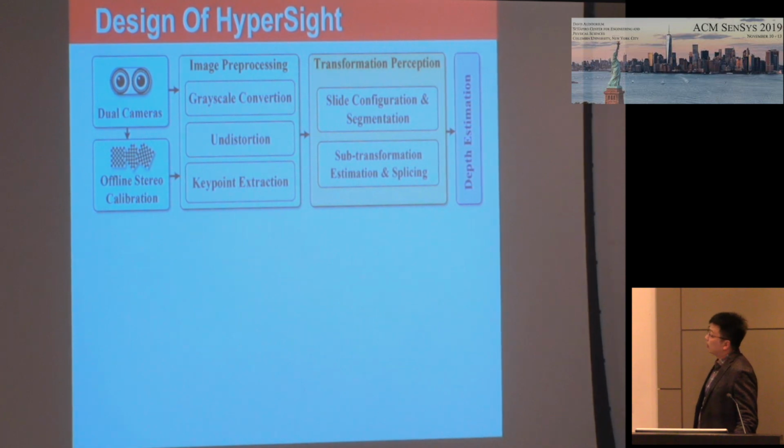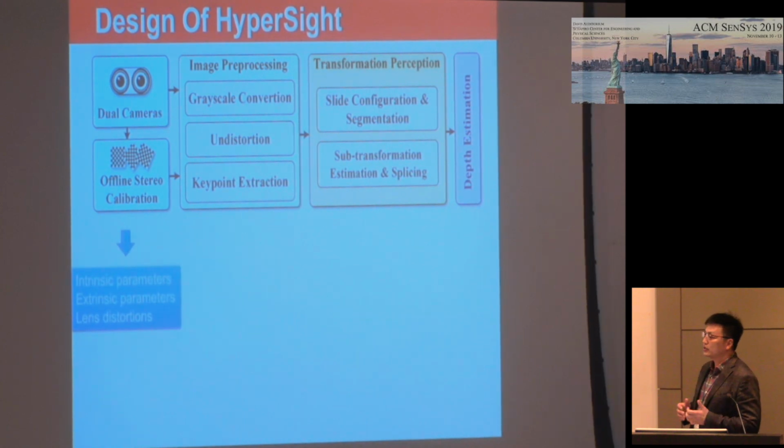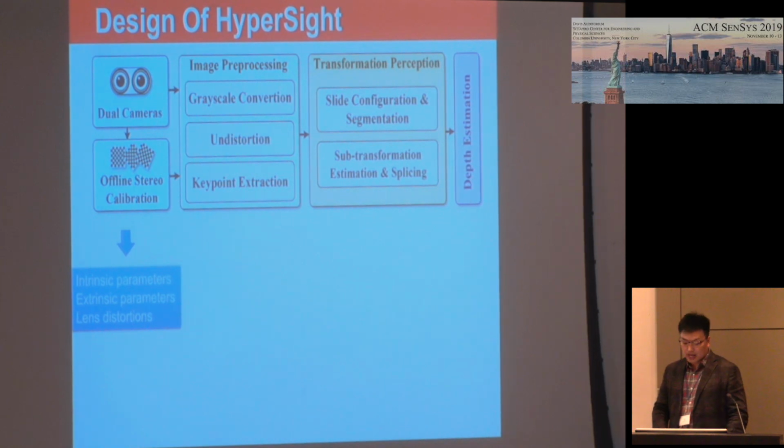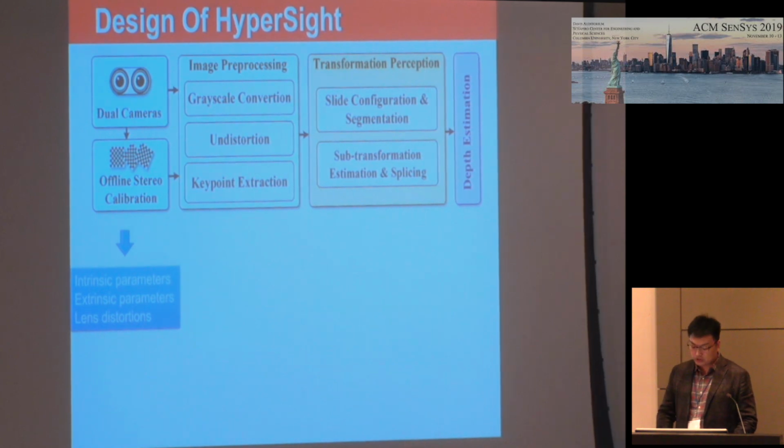The design of HyperSight has several components. First, we need to do offline stereo calibration, because we need this process to learn the parameters of the dual cameras. That includes intrinsic parameters, extrinsic parameters, and also lens distortions.